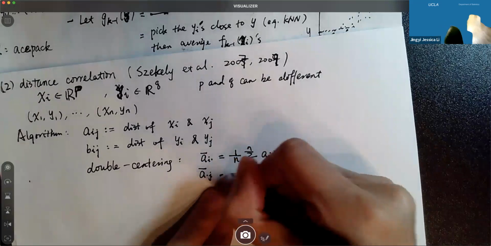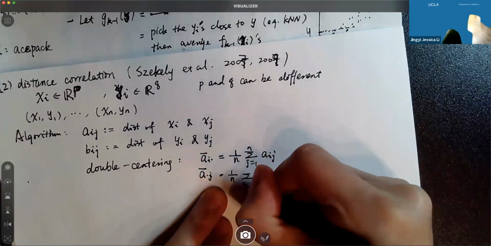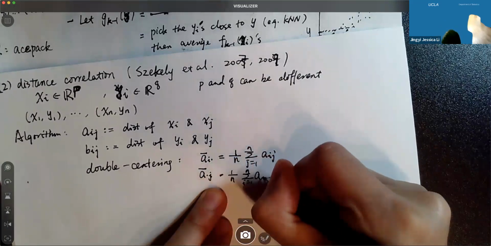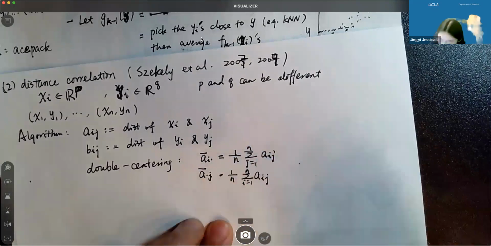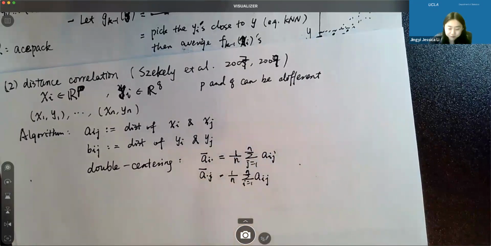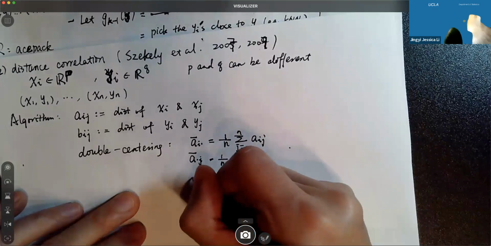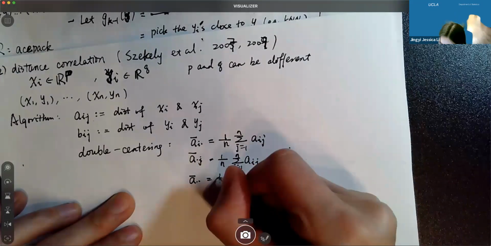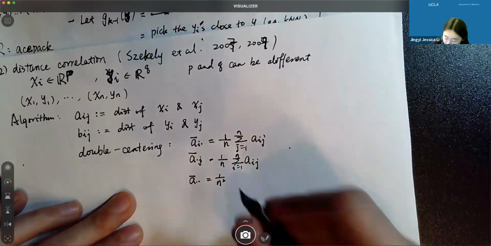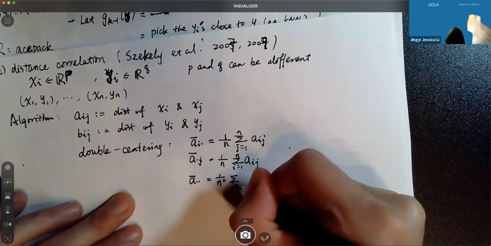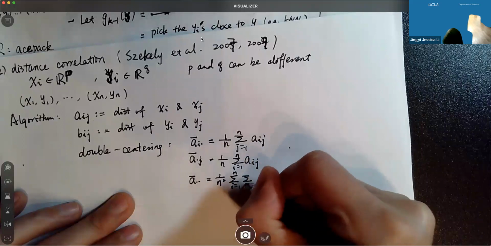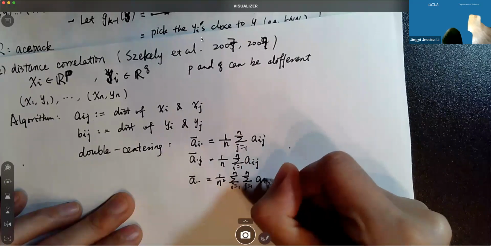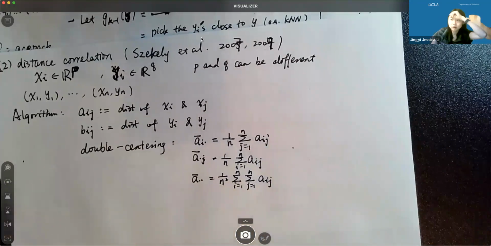That's the average where we let i go from 1 to n and keep j fixed. Finally, we define the double average, a dot-dot bar, which is the average of all the aij's: i from 1 to n, j from 1 to n, the sum of aij, and there are n squared of those, so we take the average.